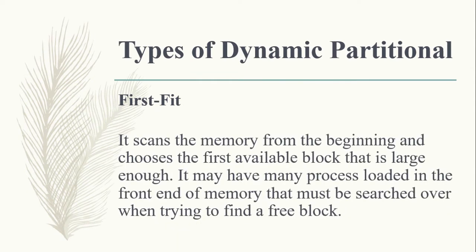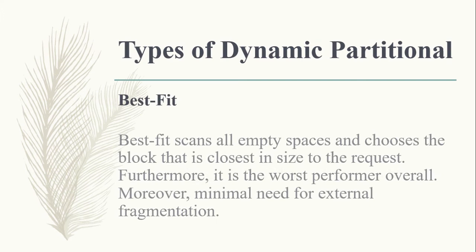First fit scans the memory from the beginning and chooses the first available block that is large enough. It may have many processes loaded in the front end of memory that must be searched over when trying to find a free block. Best fit scans all empty spaces and chooses the block that is closest in size to the request.